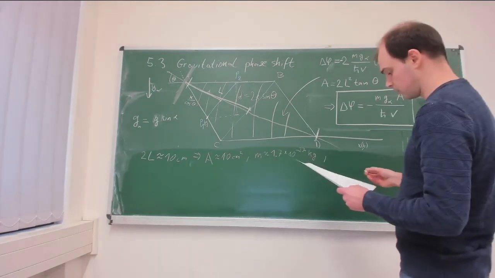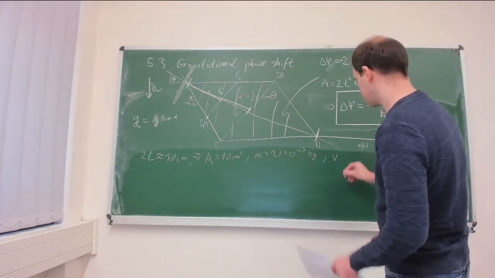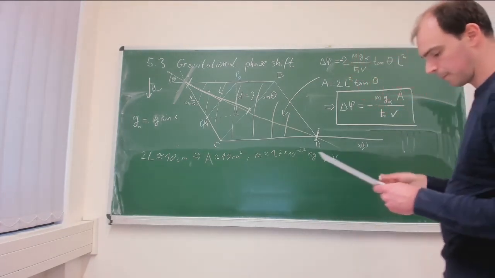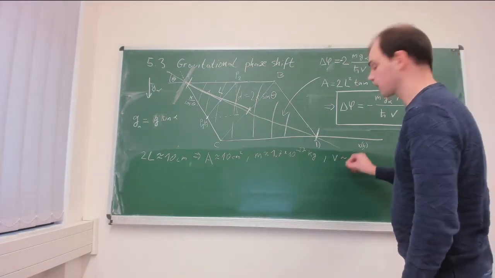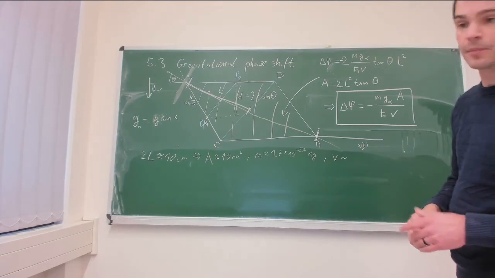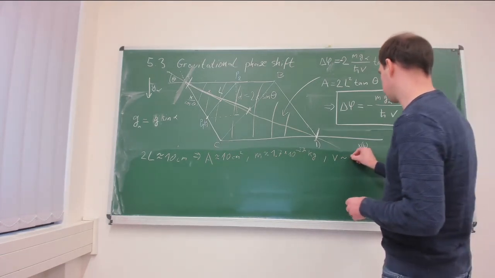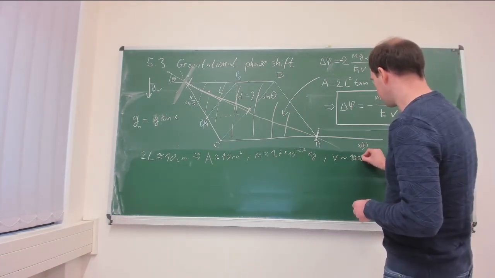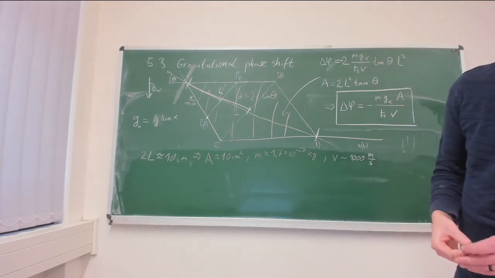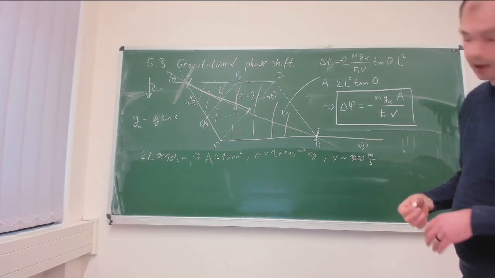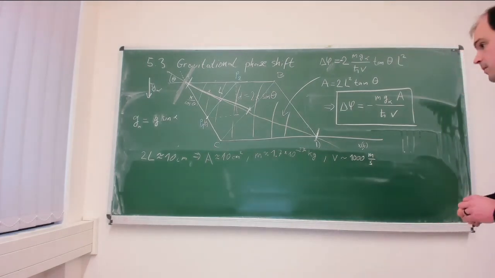And then the question is, what velocities do we have? Well, neutrons, like the thermal neutrons that were used in this experiment, have typical velocities of about 1,000 meters per second. And those are all the parameters.